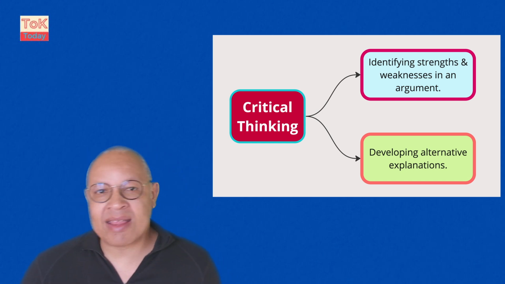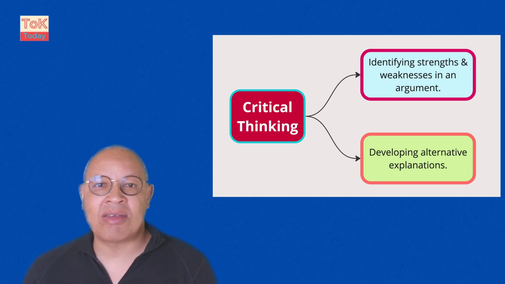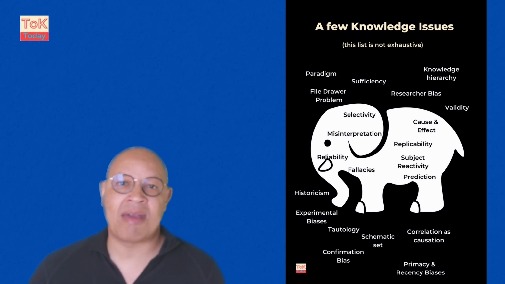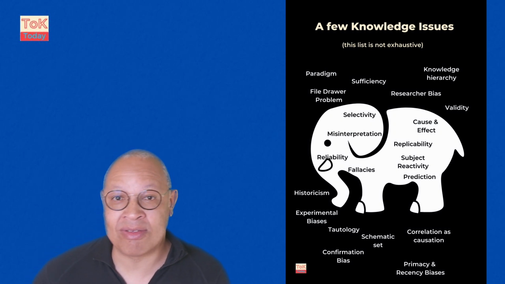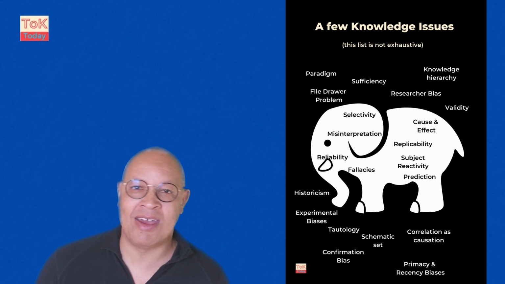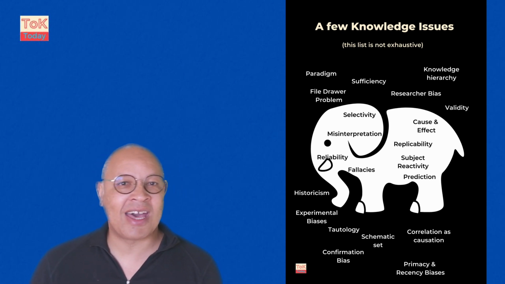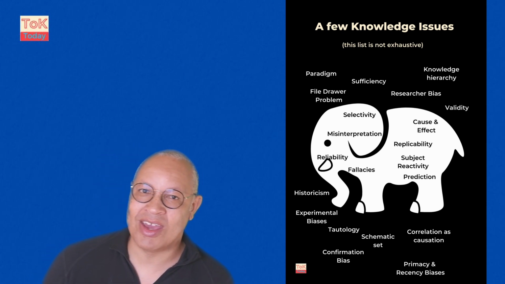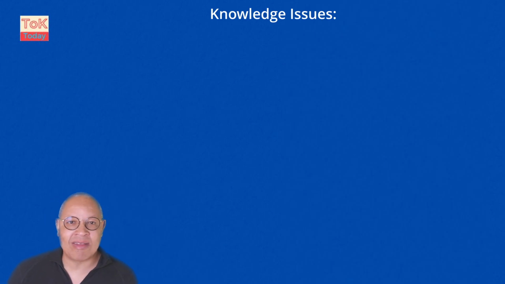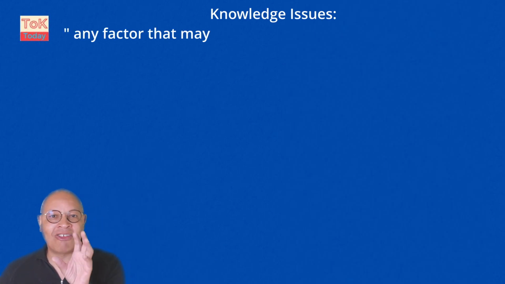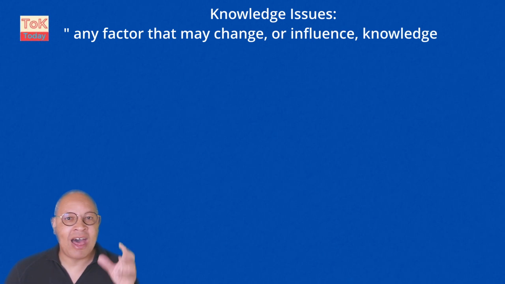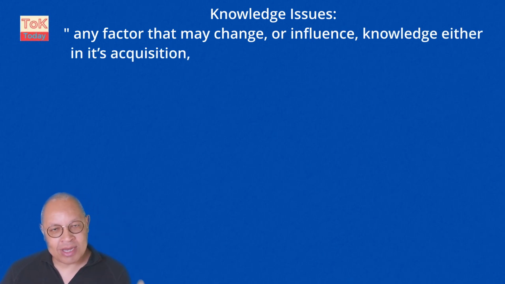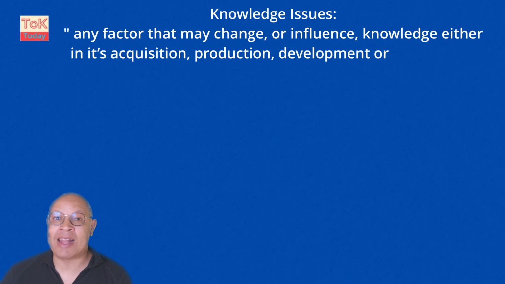The most effective way that I've found to teach these two critical thinking skills is for students to explore the concept of knowledge issues. Now, I know that term doesn't appear in the latest ToK guide, but it's still relevant to ToK. Because by knowledge issues, I mean any factor that may change or influence knowledge either in its acquisition, production, development or evaluation.